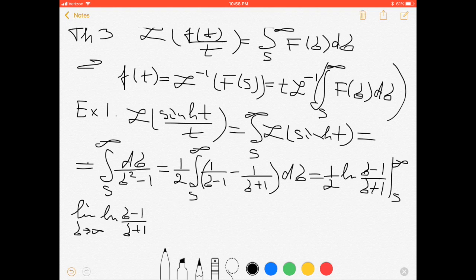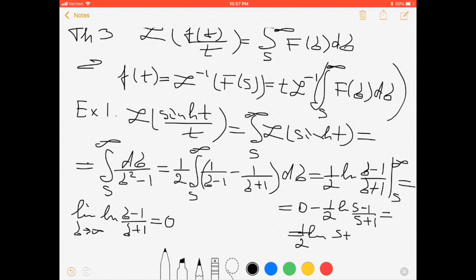The fraction inside the natural log approaches 1, and natural log of 1 is 0. This means this part is 0. And my integral will be equal to 0 minus 1/2 ln of s minus 1 over s plus 1, and putting it inside as a power, we have 1/2 natural log of s plus 1 over s minus 1.